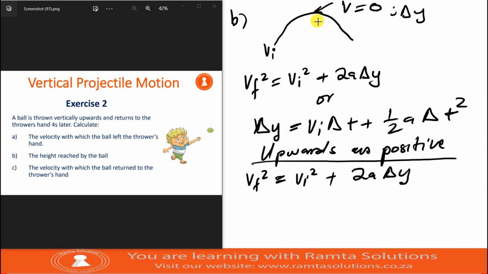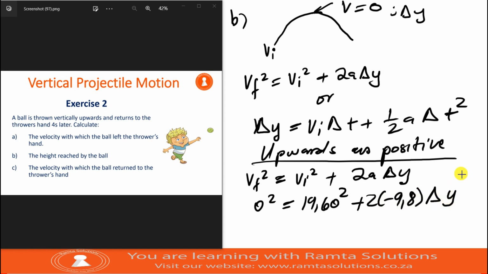What is vf? At maximum height, velocity is 0. What is our initial velocity? We found it to be 19.6. Our acceleration will be negative 9.8. We do not know delta y. So 19.6 squared is 384.16, so 0 equals 384.16 minus 19.6 delta y.